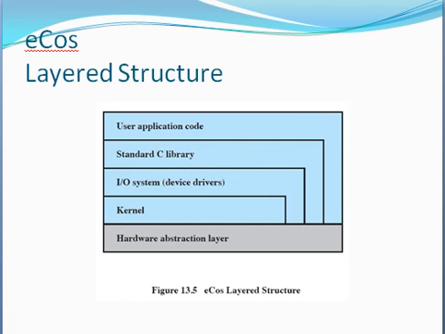This is the ECOS layered structure, which consists of user application code, standard C library, IO system, device drivers, kernel, and finally the hardware abstraction layer.